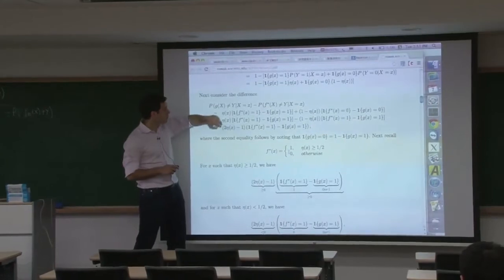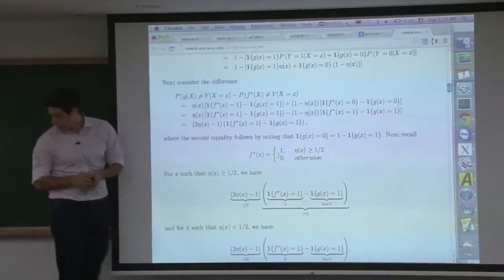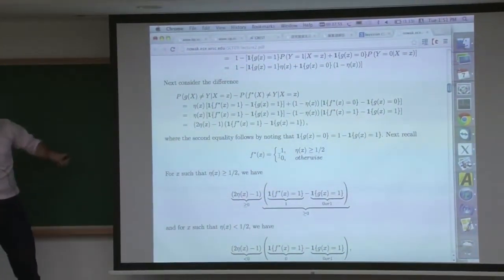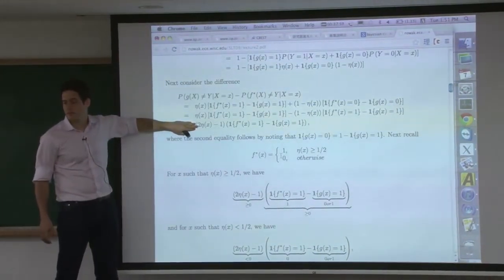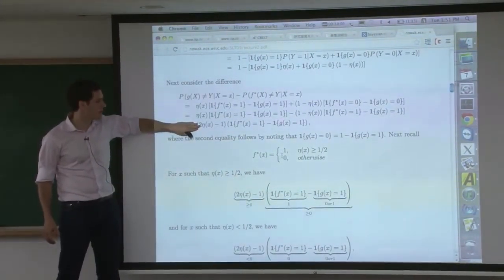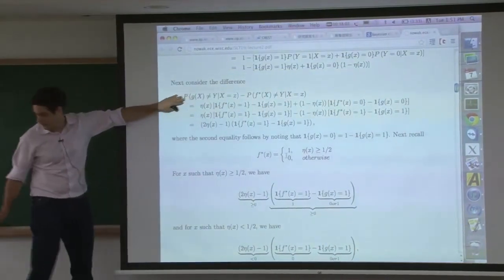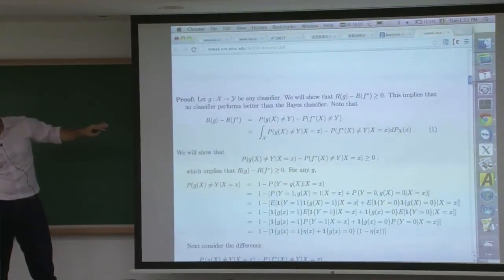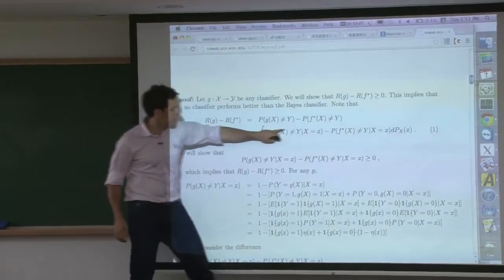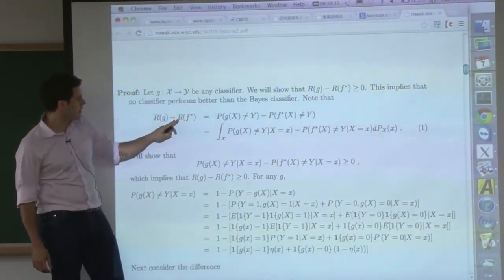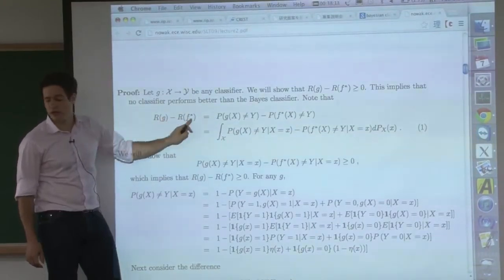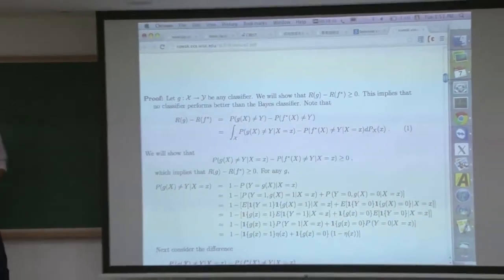So what we need to show is that this quantity here is always non-negative. If we can show that, the integral is non-negative, so R of g will always be bigger than R of f star, R of fB.